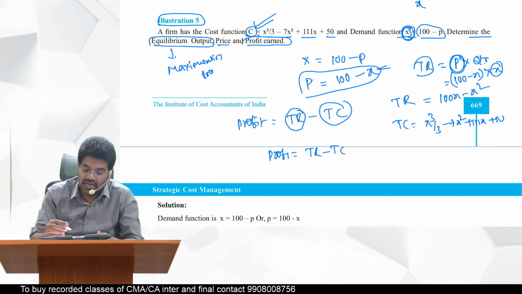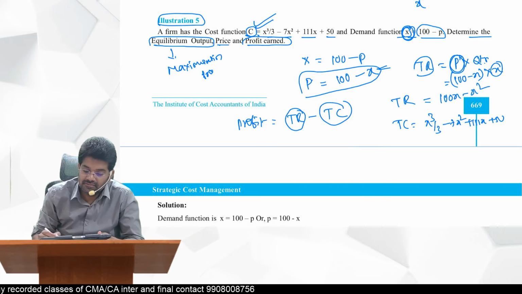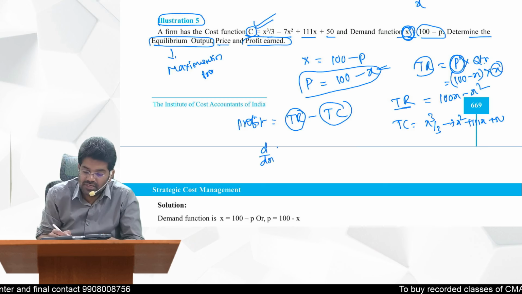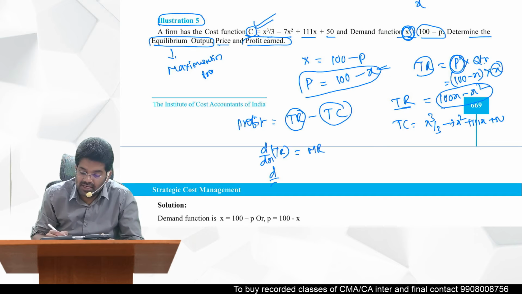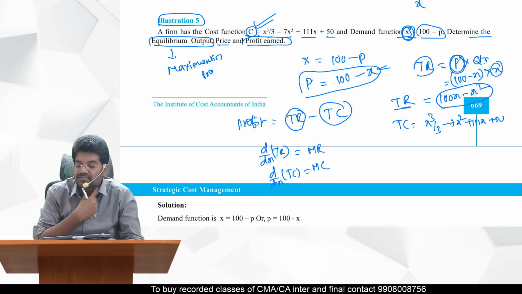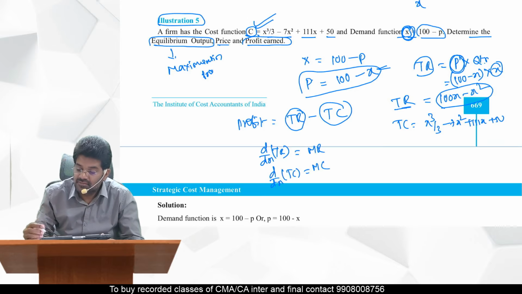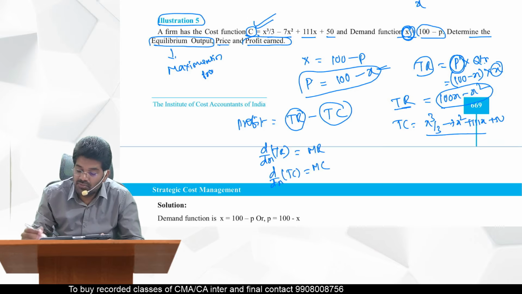So how do you get MR? MR is nothing but d by dx of TR. On this you should apply the first order derivative. If you want MC, d by dx of TC, then you will get MC.